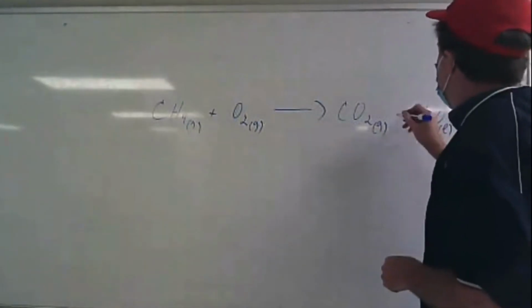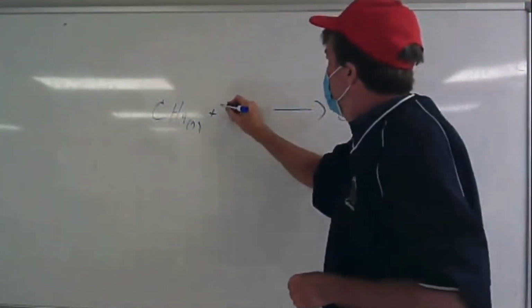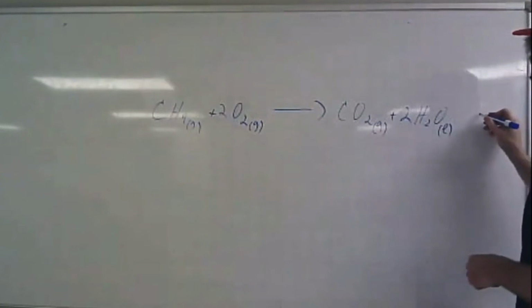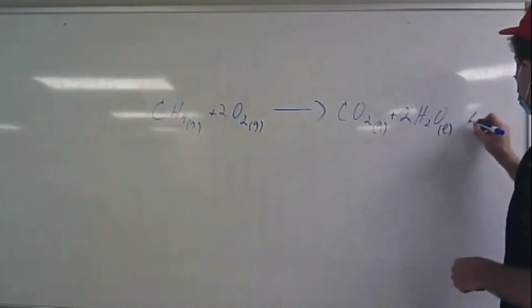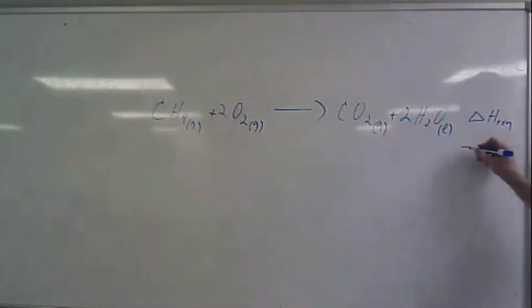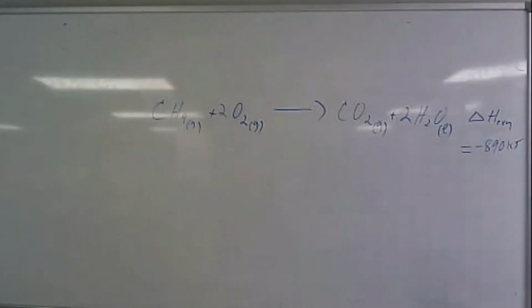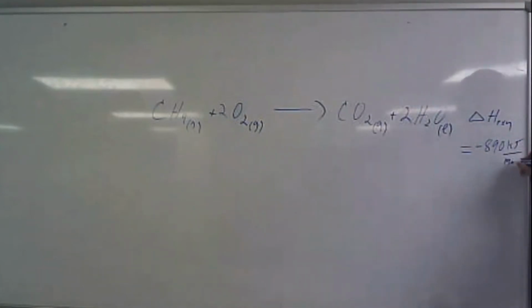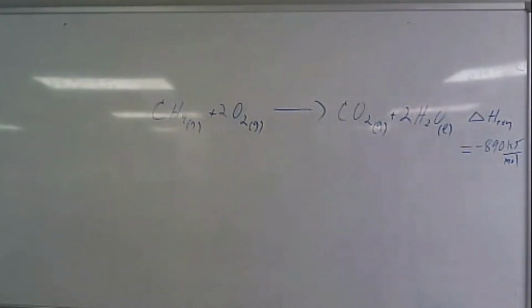Let's balance this. And then let's put delta H. Delta H for the reaction, RXN, equals negative 890 kJs. So negative 890 kJs, and let's say kJs per mole, although we're going to talk about that in a moment.